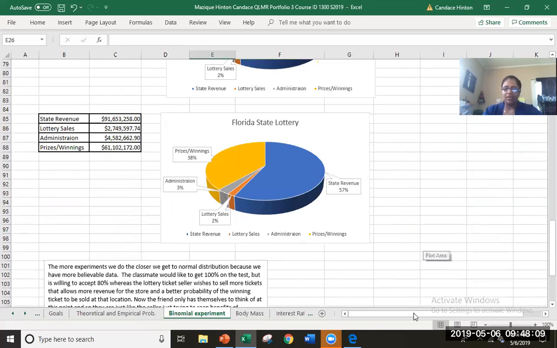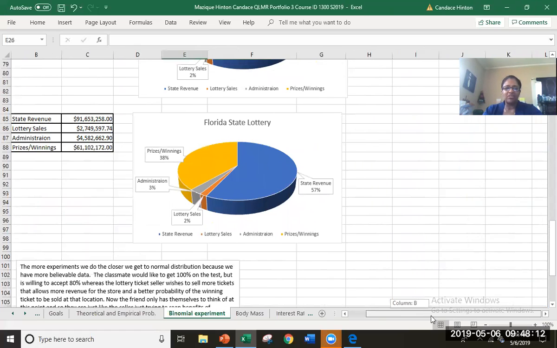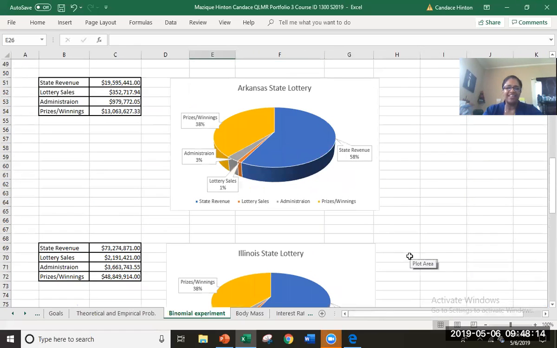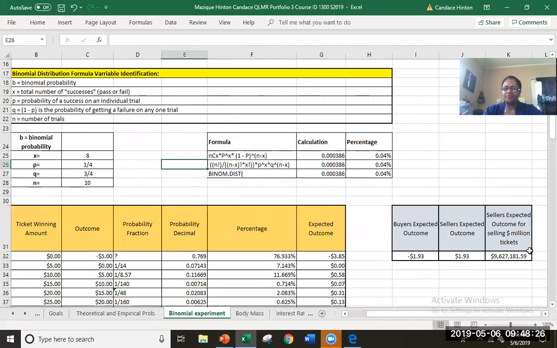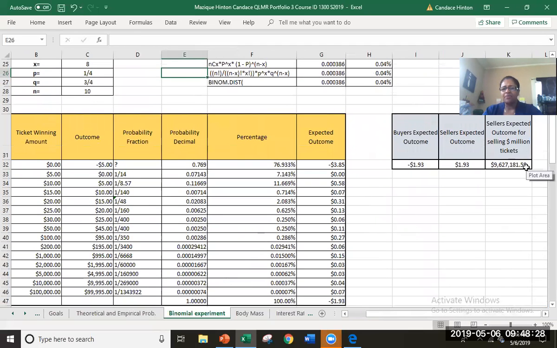So I guess Arkansas doesn't sell as many as they do, when our state revenue only gets $19,000 from lottery sales. So I guess we're on the low end. And here you see the seller actually is getting $9,627,181 profit after all lottery sales.